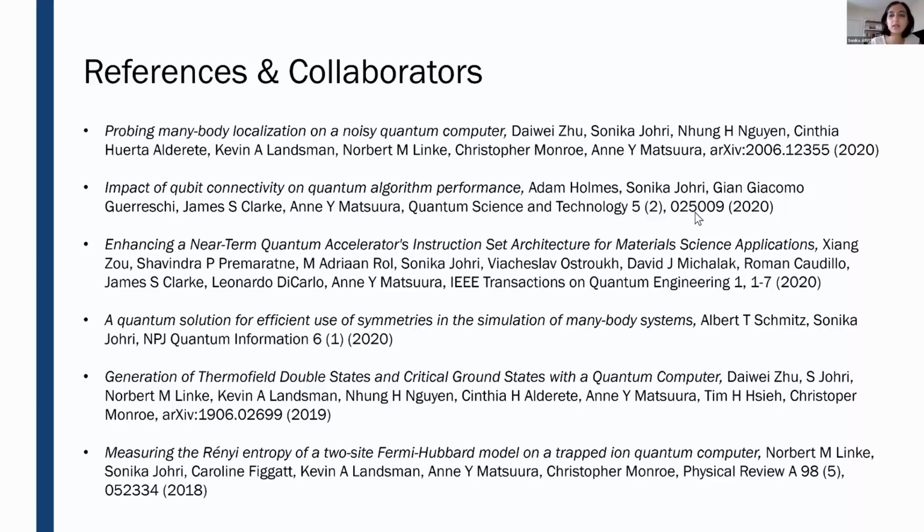And there are other things, right? Like we were talking about Grover algorithm earlier, right? And then there was this paper that I wrote with a collaborator called Quantum Solution for Efficient Use of Symmetries in the Simulation of Many Body Systems, which was basically using the Grover algorithm to block diagonalize a matrix based on the symmetries of the matrix, right?